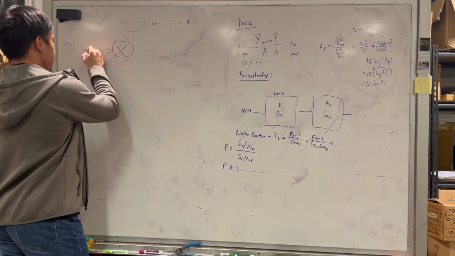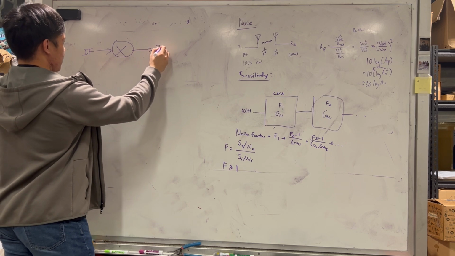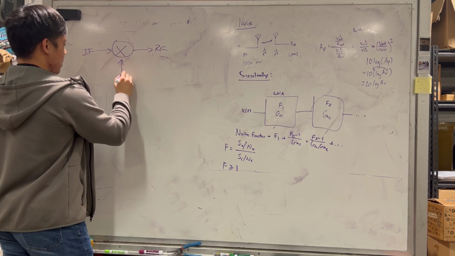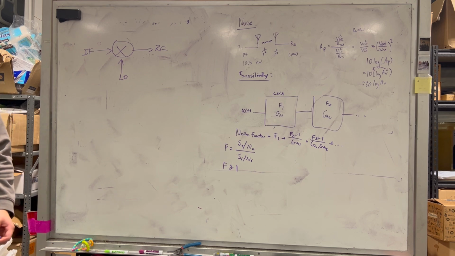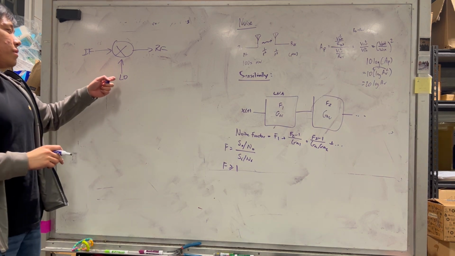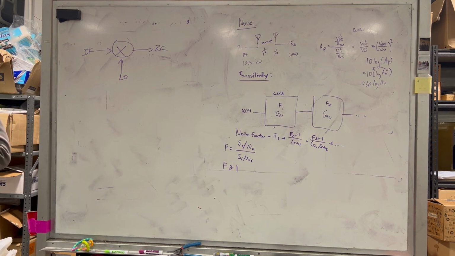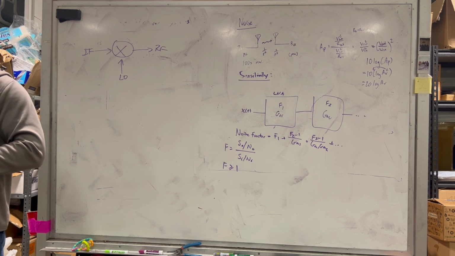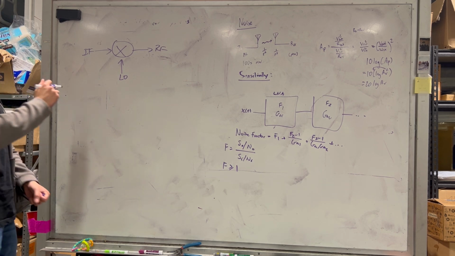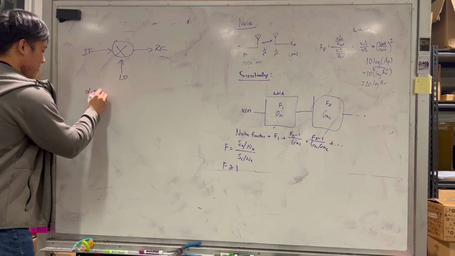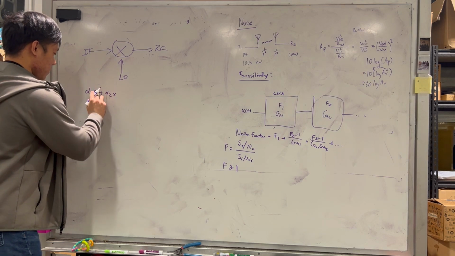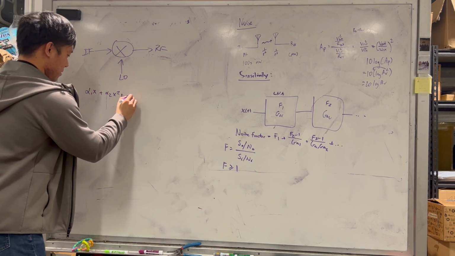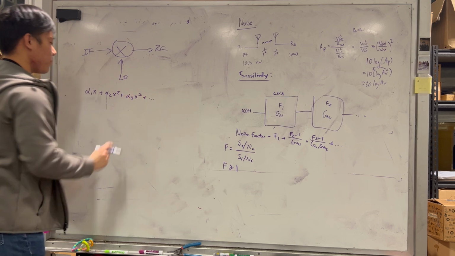You have your IF, RF is for up conversion, and LO. We say that we want LO to be large. Why is that? I know I said to turn on the diodes, but why do we want LO to be large? Think back to this. Why do we want LO to be large?